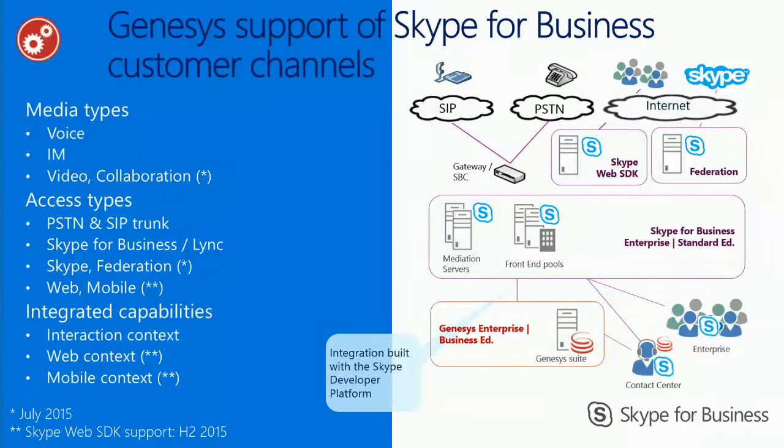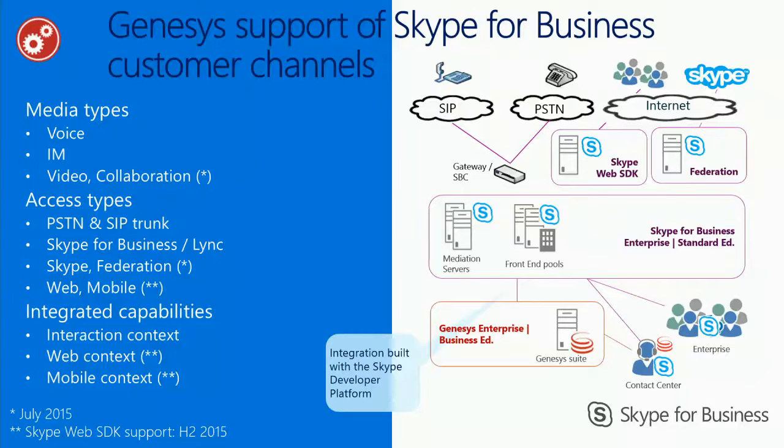But there are new channels and modes that are enabled by Skype for Business, and this is, for instance, a direct interaction through a website, through the Skype Web SDK, or directly from your Skype client, anywhere on your PC or your mobile or tablet. And this goes through federation and into the Skype for Business in the enterprise, could be the front-end pool, right?